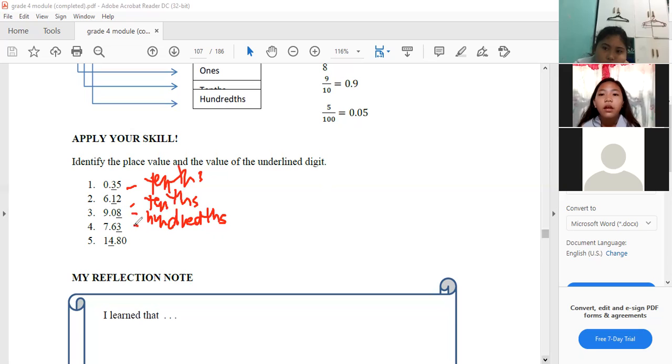Number 4? Hundredths. Number 5? Ones. Very good. That would be ones, since it's in the whole number, not in the decimal part.